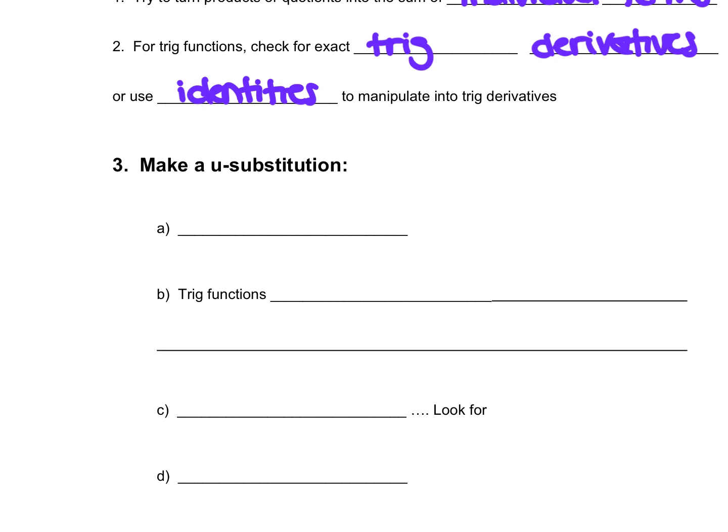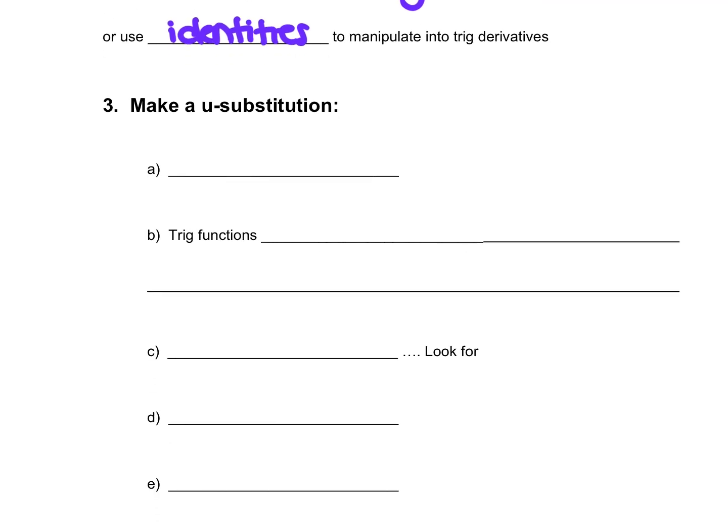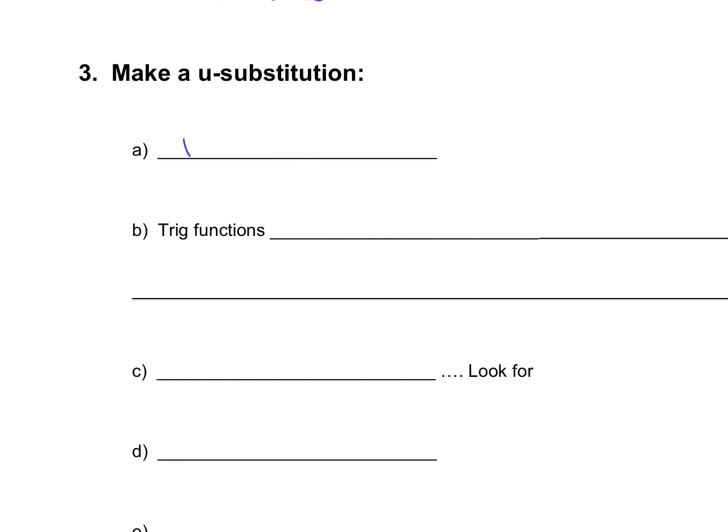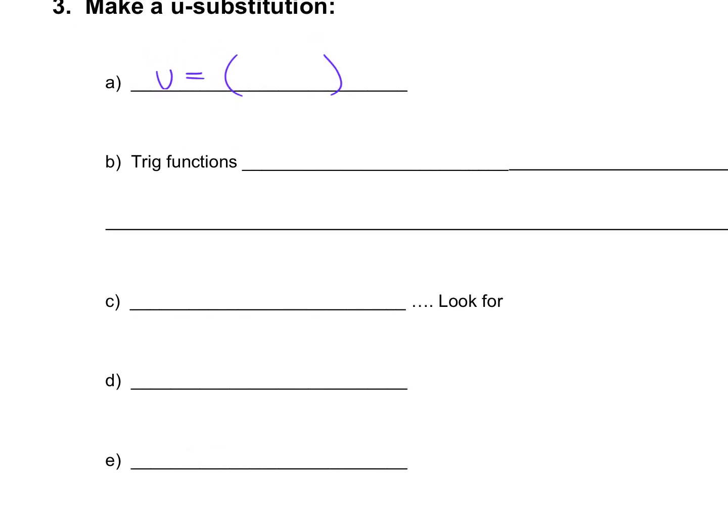So u substitutions, remember one of them that we talked about that was kind of chain rule style was saying u equals whatever is in the parentheses. That was kind of our first one we talked about. Within that same lesson, we talked about with trig functions, you could either make u equal the ugly angle.